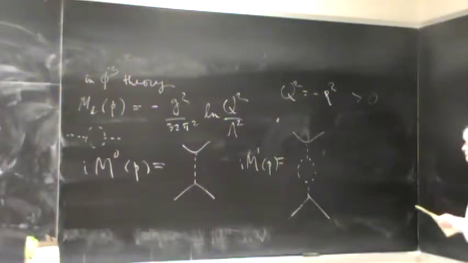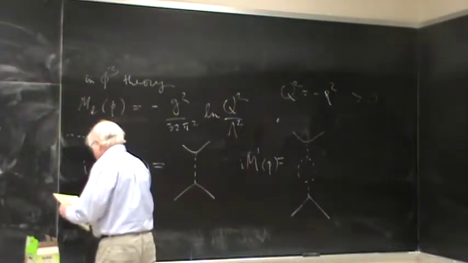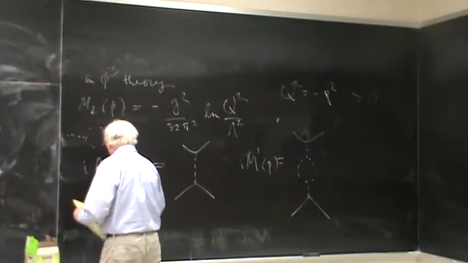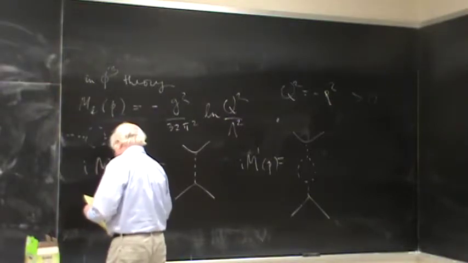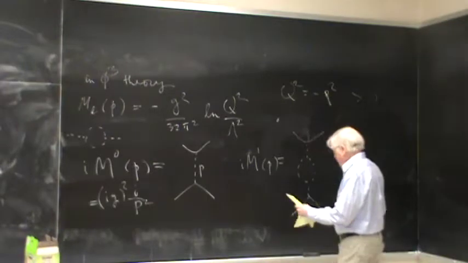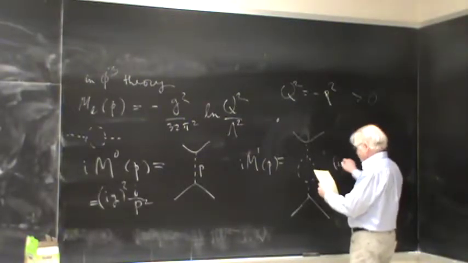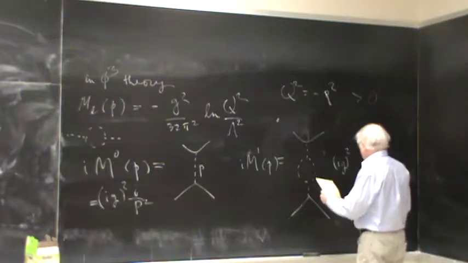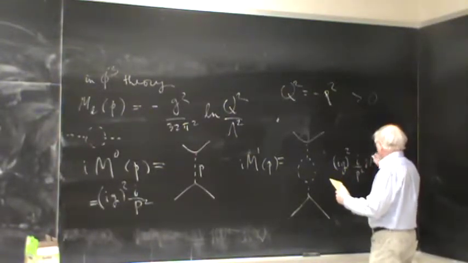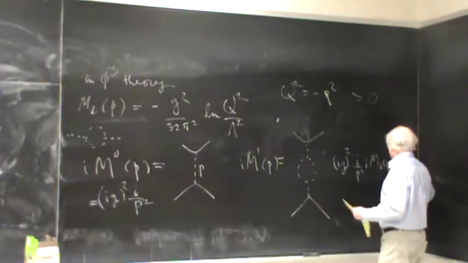And so this process here would be i g squared, and then i over p squared, where p is this momentum. And the analogous thing here would be i g squared, i over p squared, i, the loop term, and then again i over p squared.